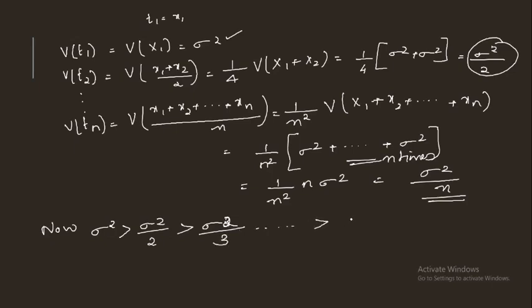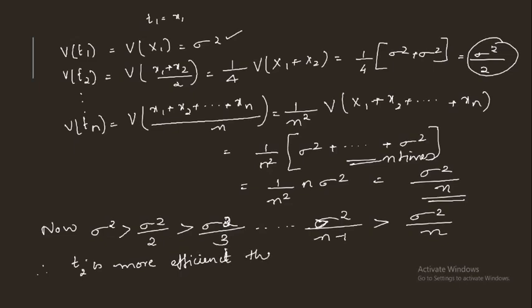You can say that sigma square divided by n minus 1 is greater than sigma square by n. So from this you can conclude that T2 is more efficient than T1.